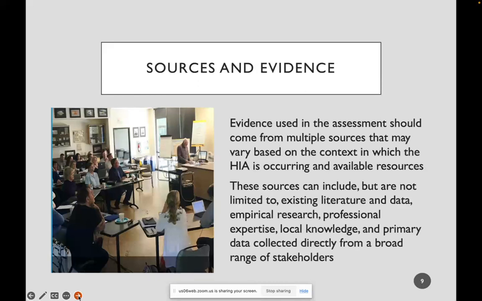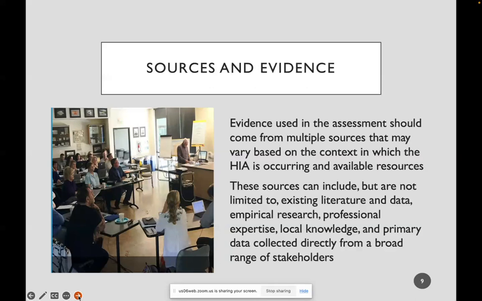Sources and evidence. Evidence used in the assessment phase can come from a wide variety of sources and will vary based on the context in which the HIA is occurring and on available resources, right?